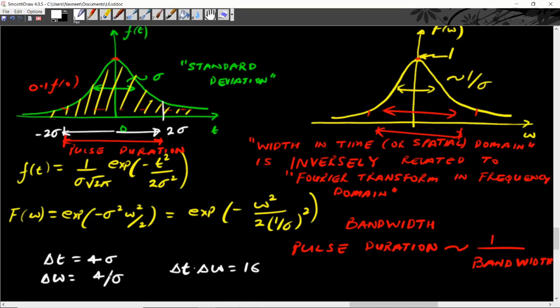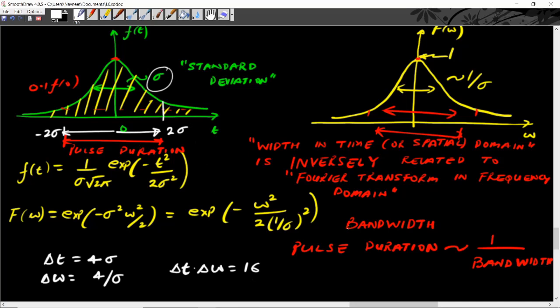Again, in this example, if I have another Gaussian with a different standard deviation, again the product of the pulse duration and the bandwidth would be a constant number that does not depend upon the standard deviation.